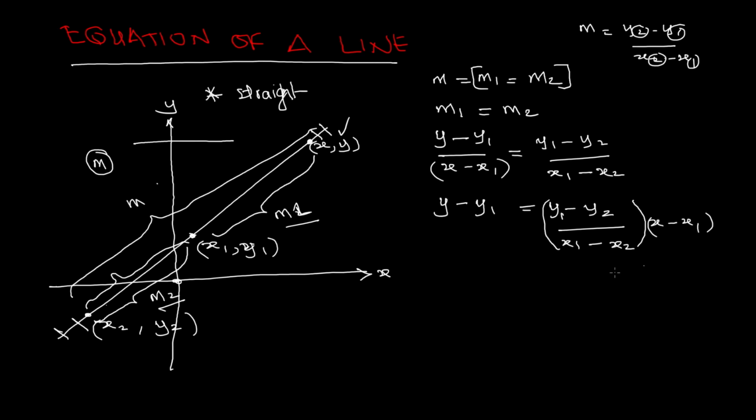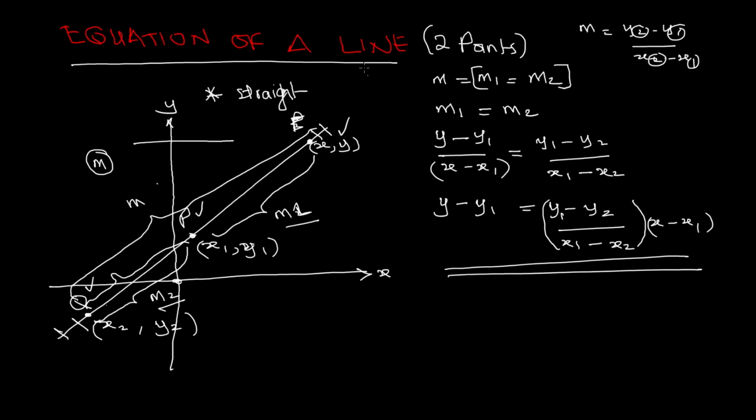So that is our equation of a straight line going through 2 points. Normally they emphasize that this is through 2 points. Our points are P and another point, Q. This is any other point; it is flexible and can be anywhere.